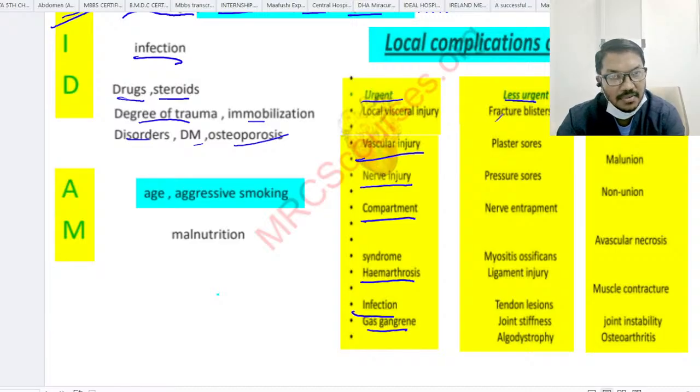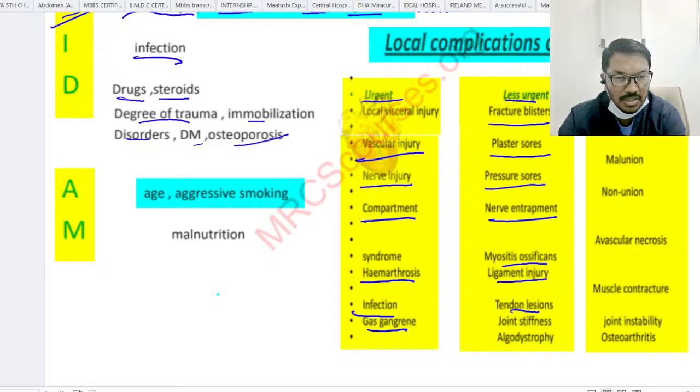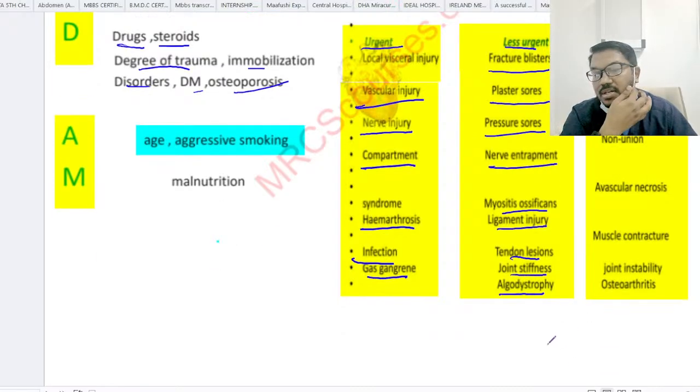Less urgent: fracture blister, plaster sores, pressure sores, nerve entrapment. This all happens because of the immobilization. Myositis ossificans, ligament injury, tendon lesion, joint stiffness. These all are related with the immobilization or cast.